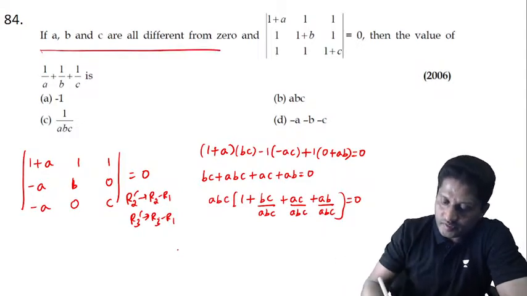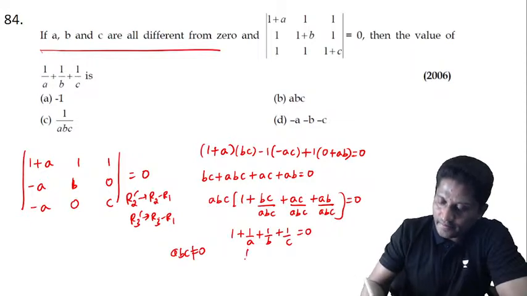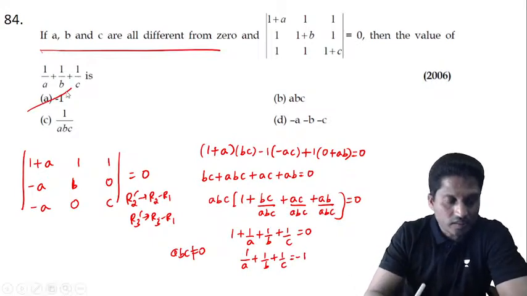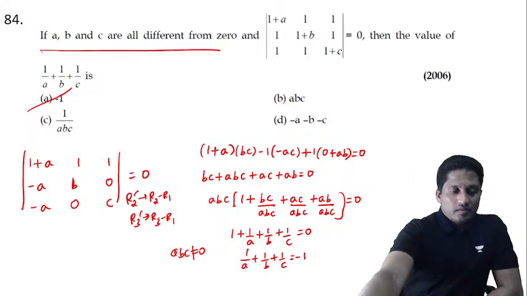ABC are all different from zero, right? So ABC cannot be 0 according to the question. So this is 1 plus 1 by A plus 1 by B plus 1 by C is equal to 0. So I get 1 by A plus 1 by B plus 1 by C is equal to minus 1. Answer is option A. Right, let's move to the next question.